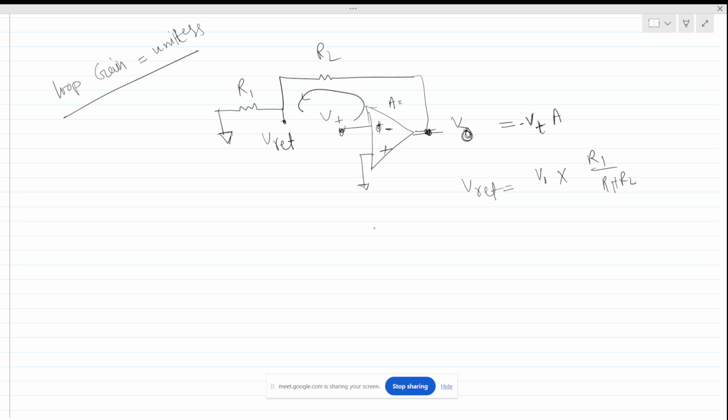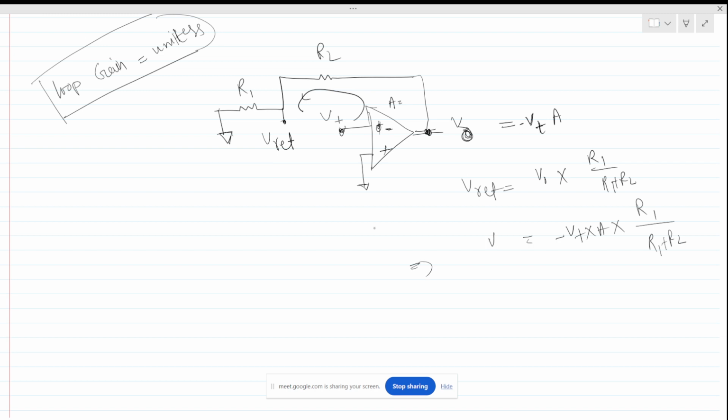Loop gain is always unitless. Mind it. So V out is nothing but minus VT into A times R1 divided by R1 plus R2.